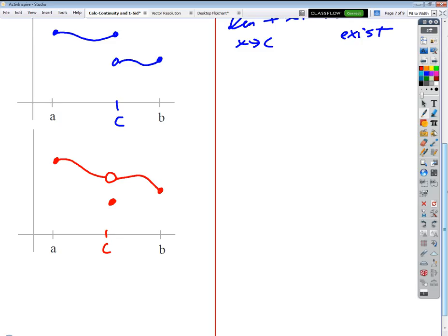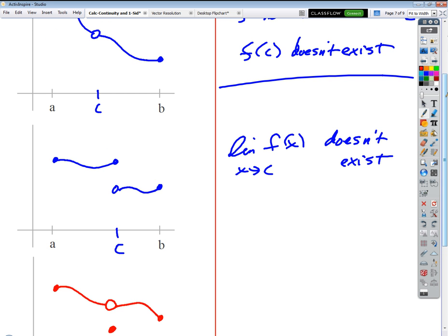Honestly, that's the answer. Let's say it again. It's not enough for us just to say if we only had these two criteria, this guy still slipped through the cracks, right?